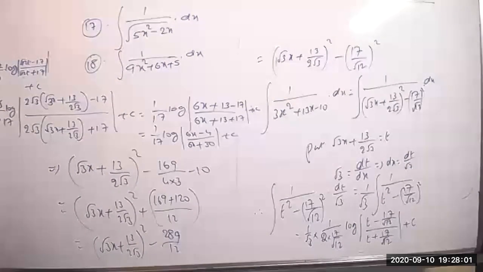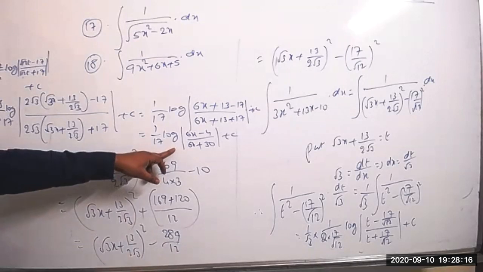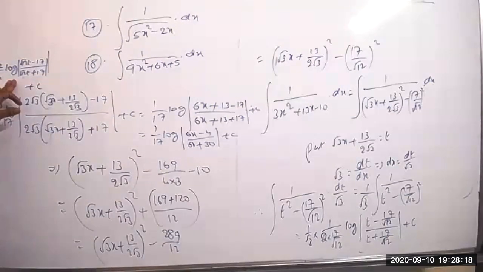So, sir, should we simplify so much? Like, can't we just substitute the t value and leave it? Without substituting the t value, we can't, because after log, here, when we just substitute the t value. After that, we can leave it? No. We have to simplify. Okay, sir.